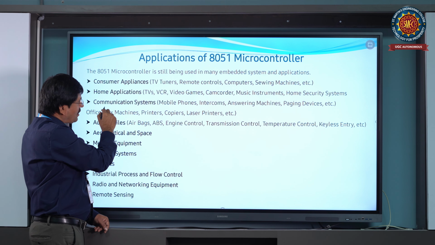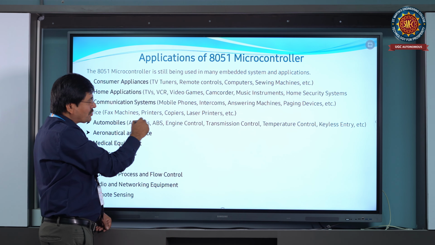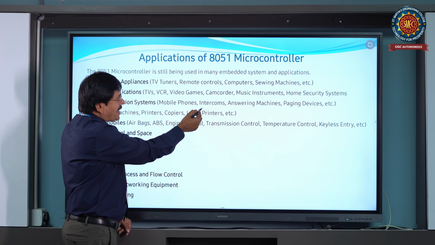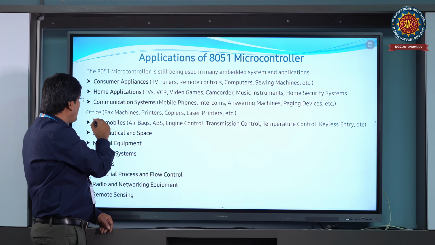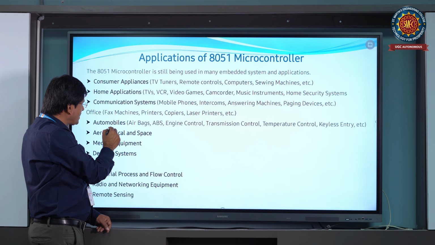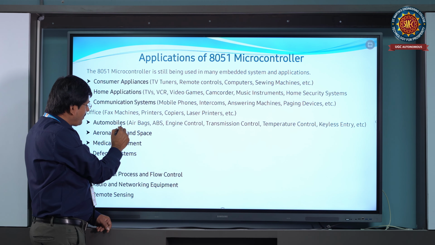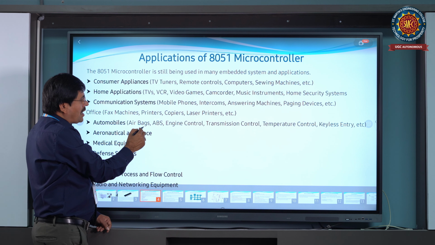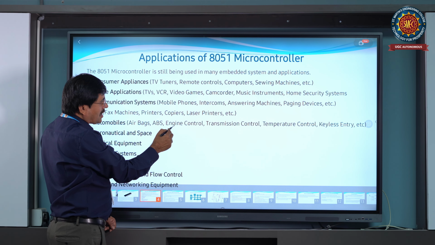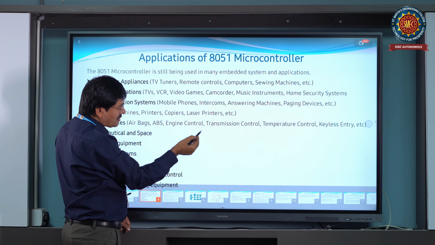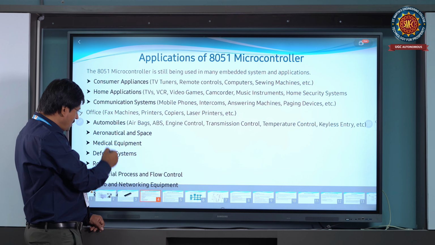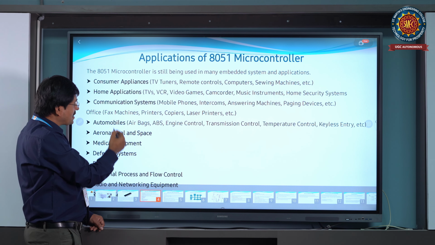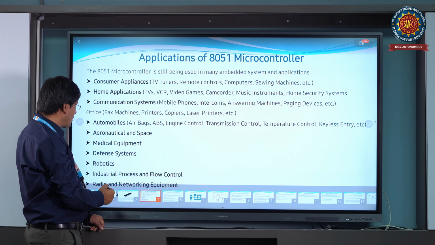We can also use them in communication systems, like mobile phones, intercoms, answering machines and paging devices. Other applications are automotive: airbag systems, ABS, engine control, transmission control and temperature control systems, many automobile applications.